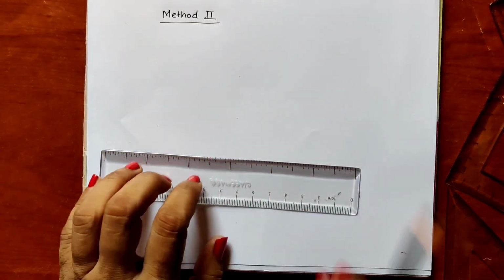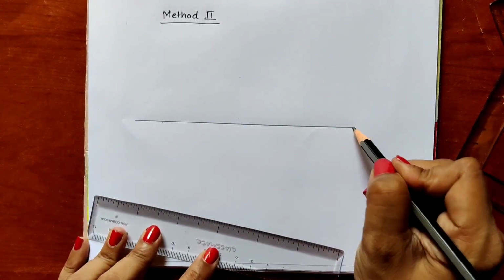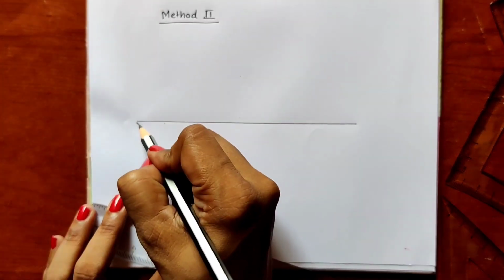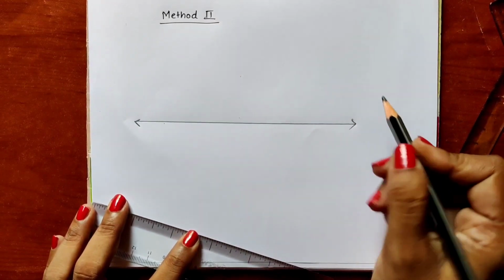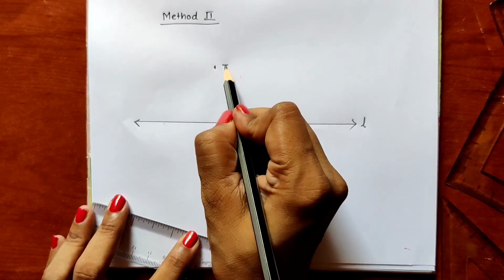So first we have to draw any line L. Then outside this line L we have to take one point T here.